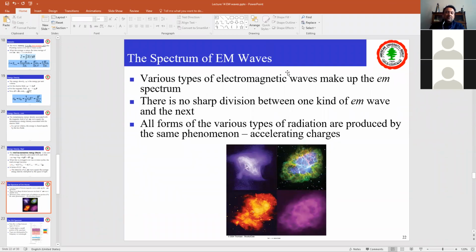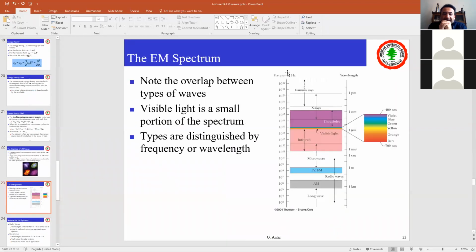The electromagnetic wave. What we said is that the Maxwell equations describe the relationship between the electric field and the magnetic field, okay? And these electromagnetic waves exist in nature in a variety of forms. Here you can see, for example, the electromagnetic wave spectrum.